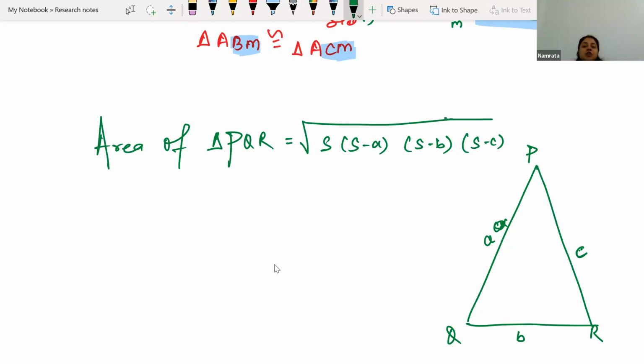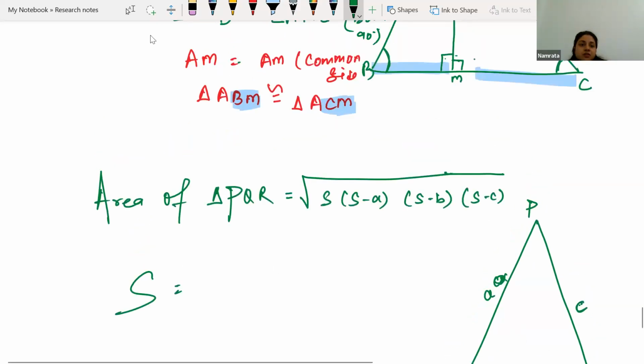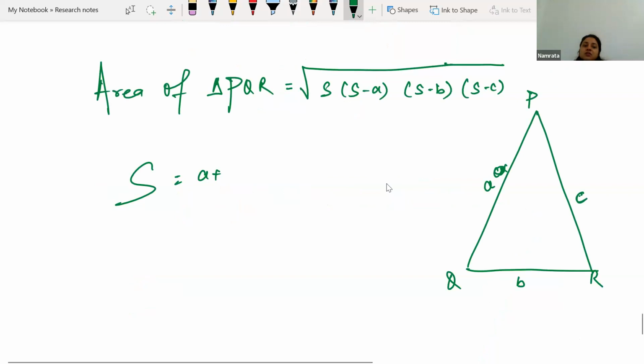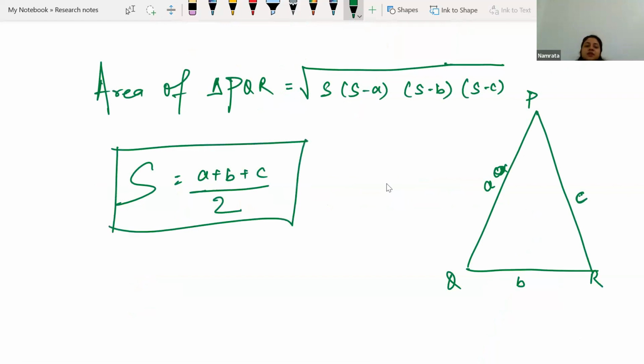Now you must be thinking, what is this s over here? s means a plus b plus c by 2. Again, a, b, c are nothing but the lengths of each and every side added together, divided by 2.